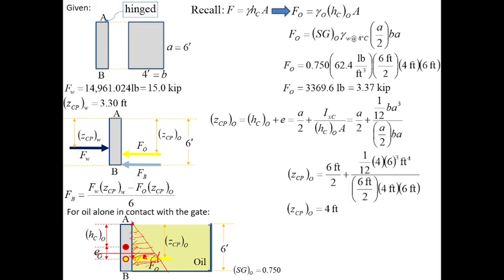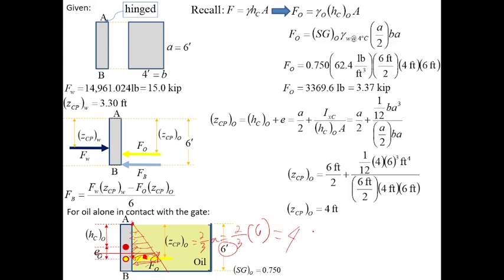So that is two-thirds of the total height, two-thirds of A. What is two-thirds of A? Two-thirds of 6, because A is 6 feet. 6 over 3 is 2 times 2 is 4. So that is 4 feet.